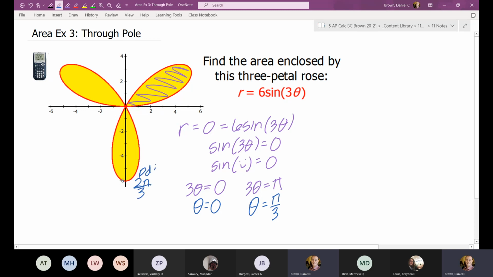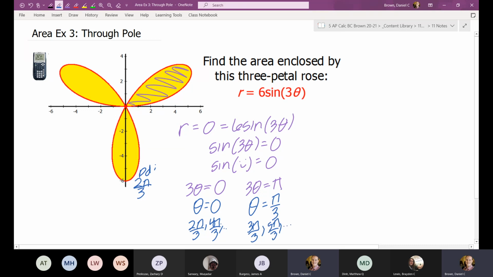So it crosses at 0, but it also crosses at 2 pi over 3, 4 pi over 3, and that's just going to continue forever. Same thing with pi over 3. That's going to cross at 3 pi over 3, which I know is pi, 5 pi over 3, and that's going to continue forever.